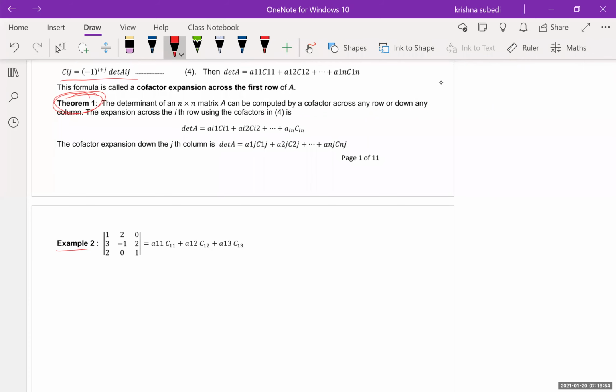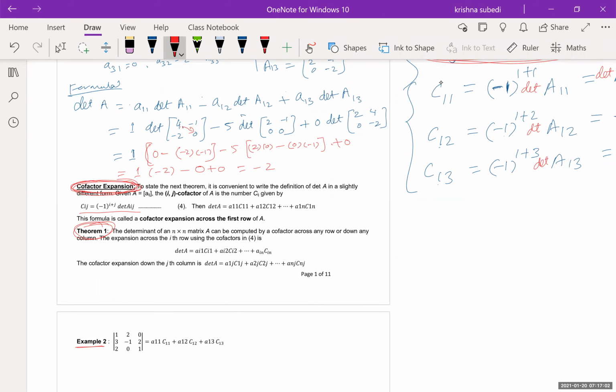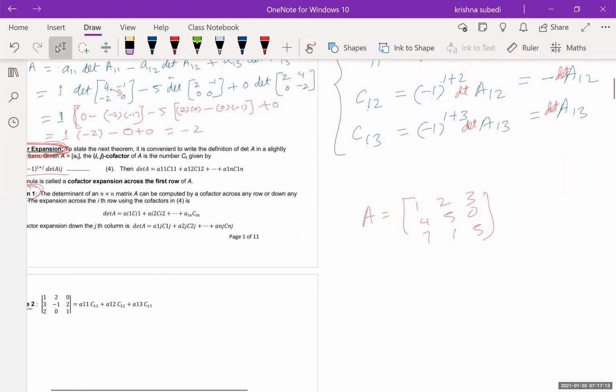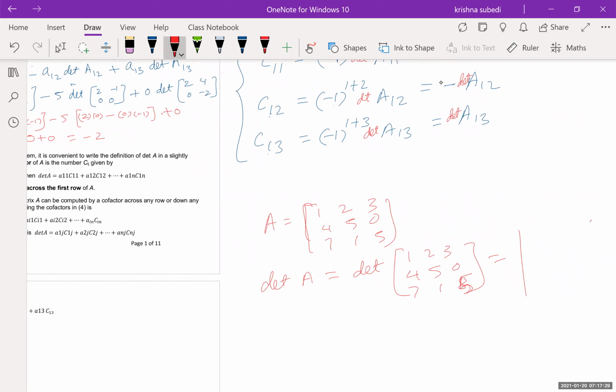Okay, example 2. By the way, if you are given a matrix, let's say A equals 1, 2, 3, 4, 5, 0, 7, 1, 5, for example, and you want to write the determinant of A, you can write either the determinant of 1, 2, 3, 4, 5, 0, 7, 1, 5, or you can simply write two vertical lines and put these numbers this way.